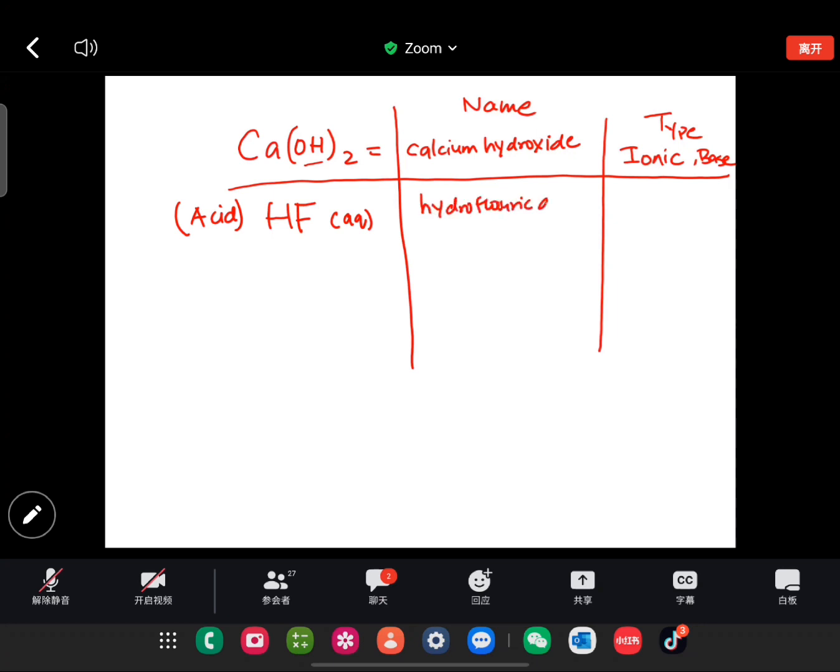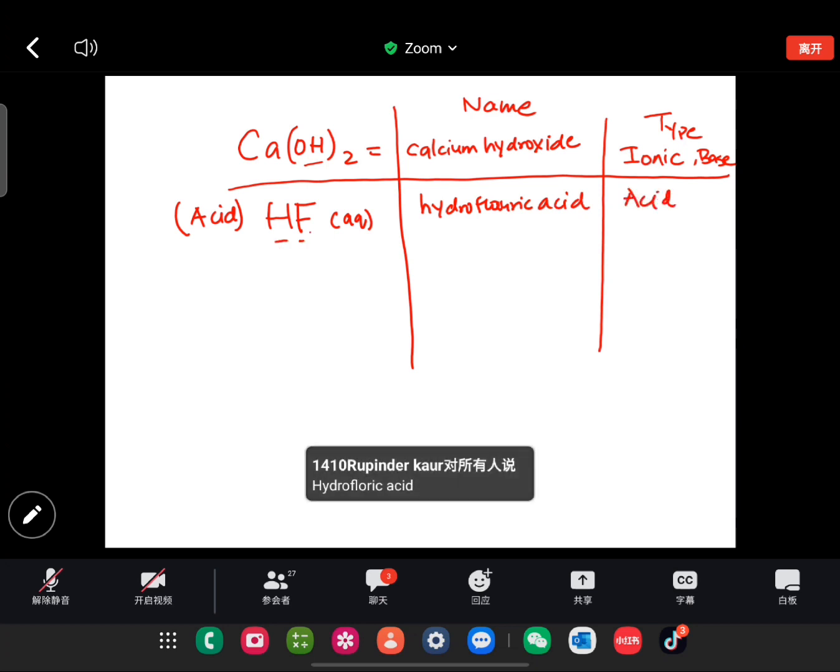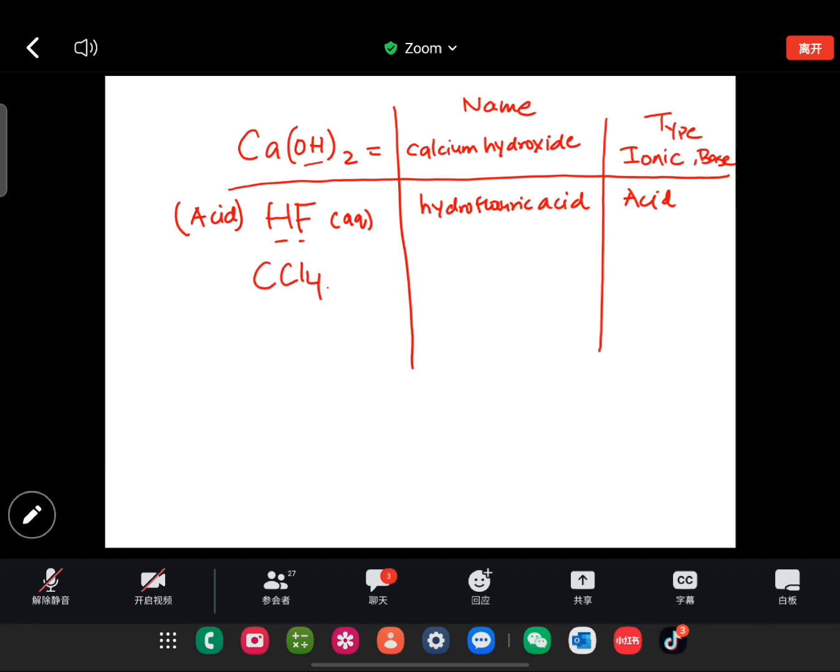Hydrofluoric acid. This is an acid. So whenever you have H with something, you're going to treat it as an acid compound. Okay. All right. Next one is CCl4. Carbon.